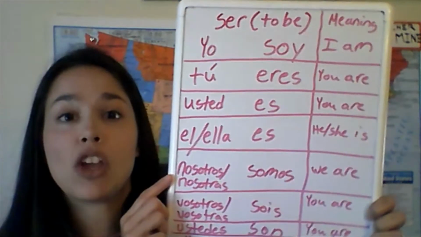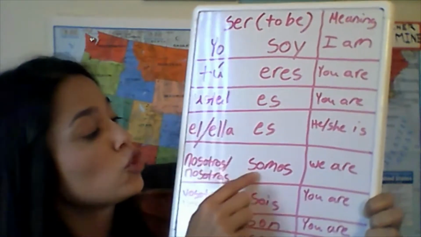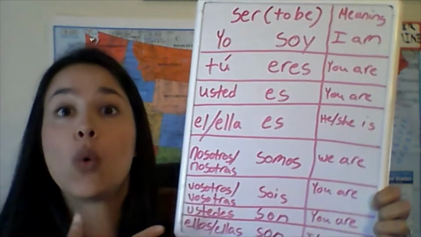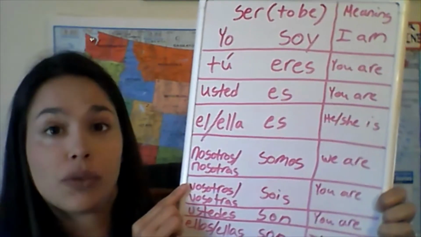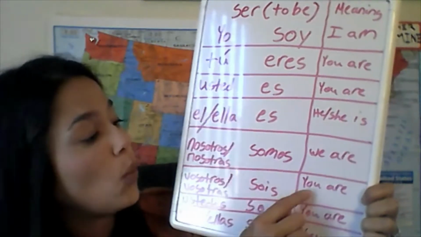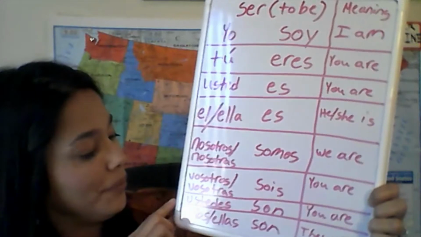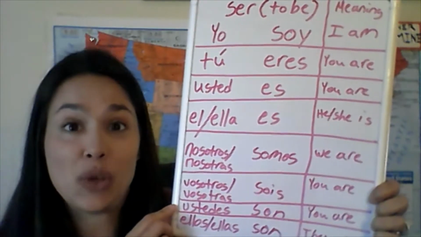The next one, nosotros, or nosotras, somos. We are. Vosotros, vosotras, sois. You are. Ustedes son. You are.